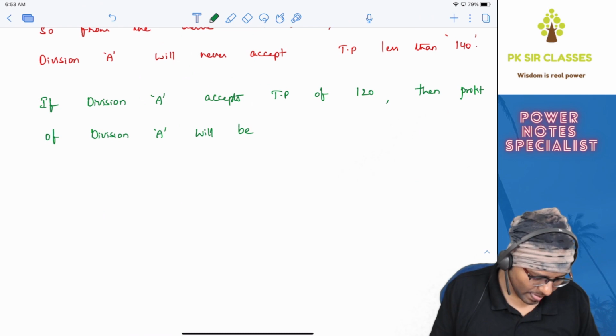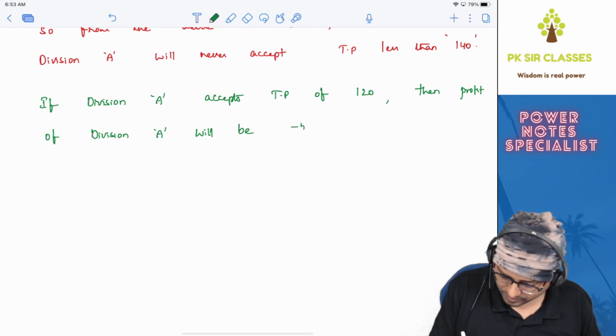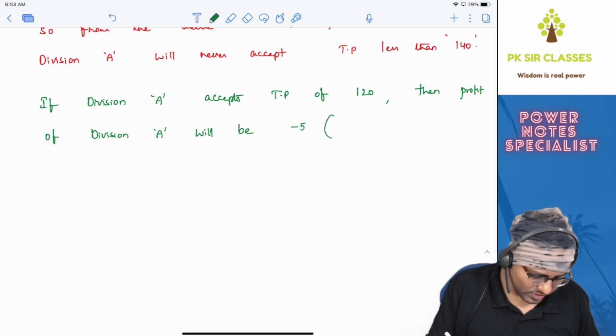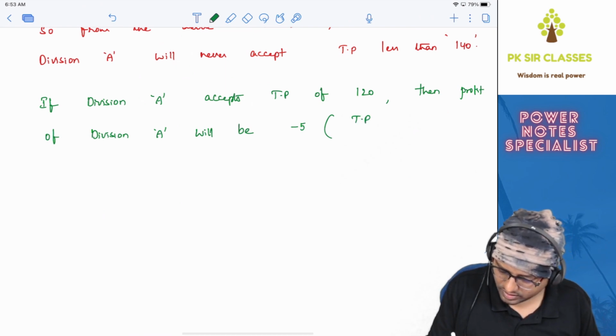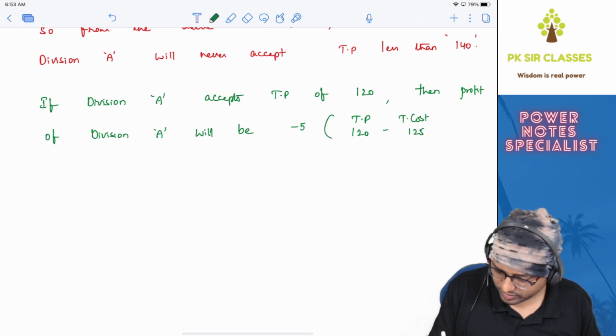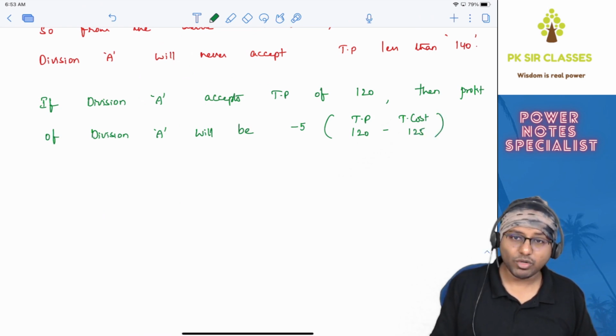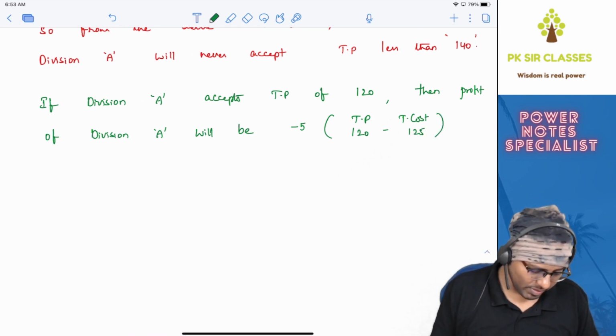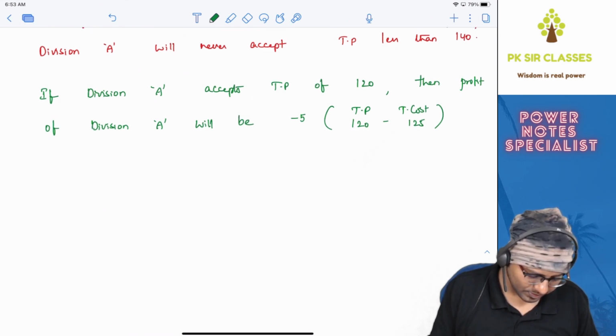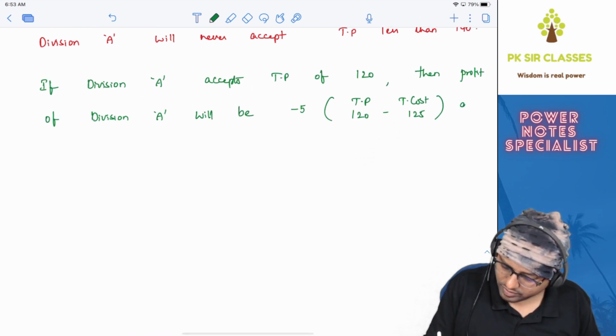It's going to be minus 5. Why, sir, minus 5? You see that TP is 120 minus total cost, which is 125. I'm talking about profit, I'm not talking about contribution. So it will be minus 5, right? So profit will be minus 5.